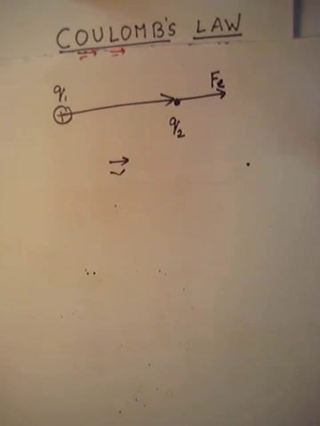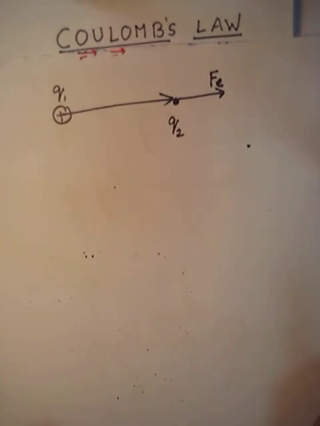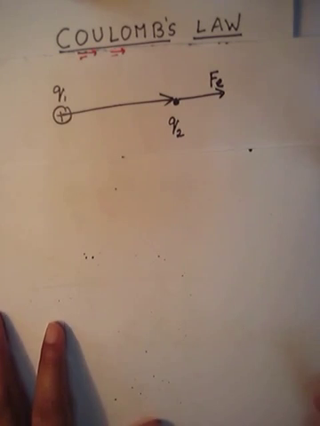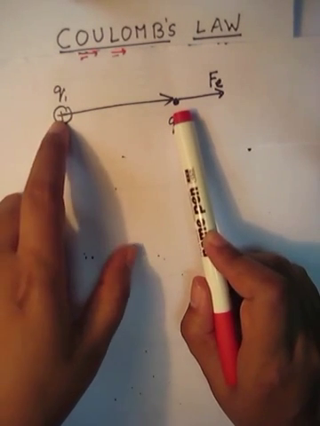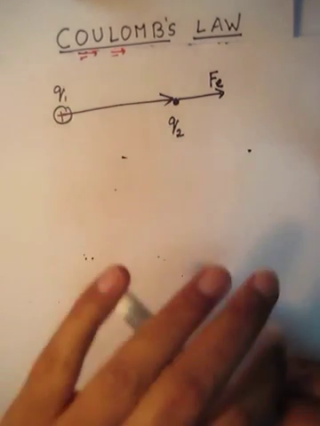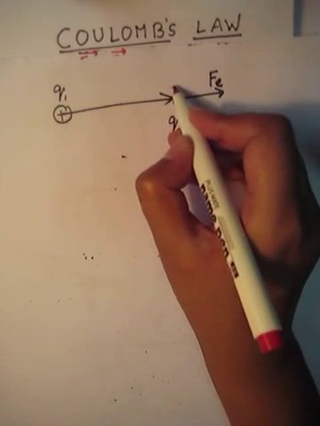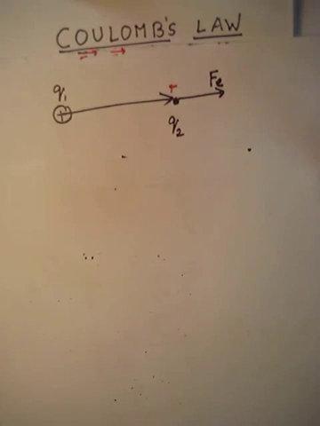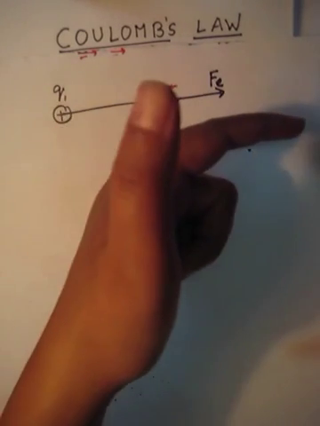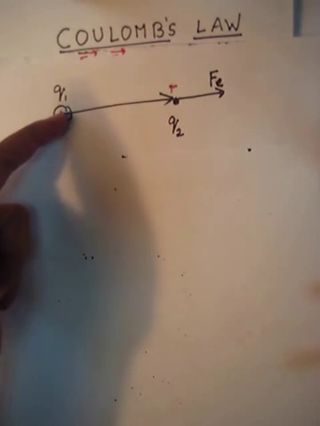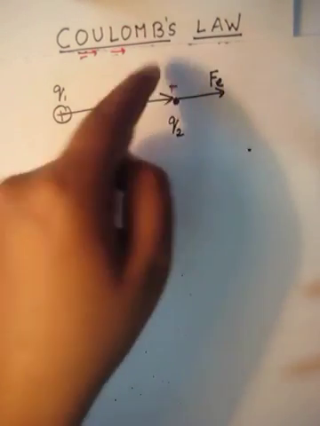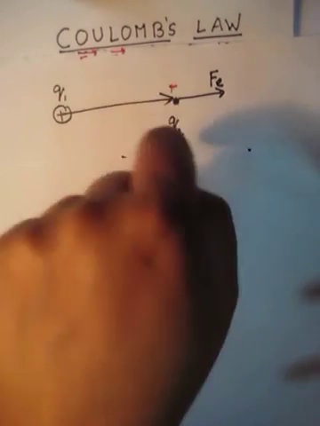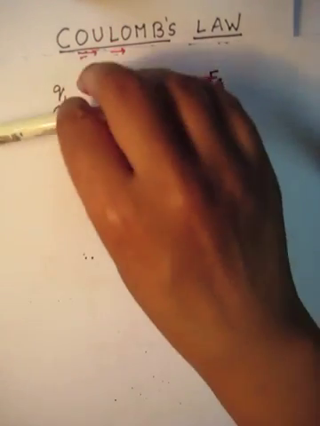We just said that the force always acts along the distance between the two charges. So if we bring this charge Q2 near Q1, and it is a plus charge, it will apply a force towards the right along the radius. The force is not along any other direction, but it will always be along this direction.